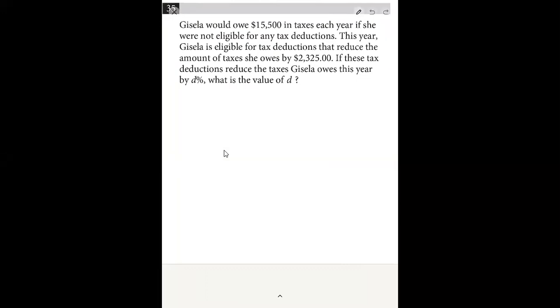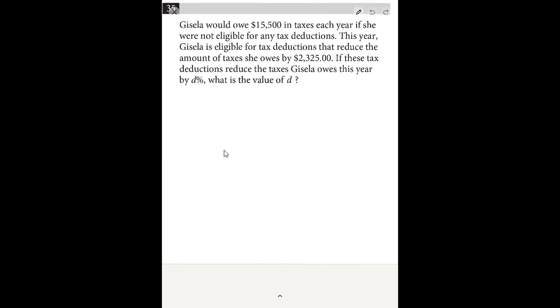Here we go. It says Gisela would owe $15,500 in taxes each year if she were not eligible for any tax deductions. This year, Gisela is eligible for tax deductions that reduce the amount of taxes she owes by $2,325. If these tax deductions reduce the taxes Gisela owes this year by D%, what is the value of D?